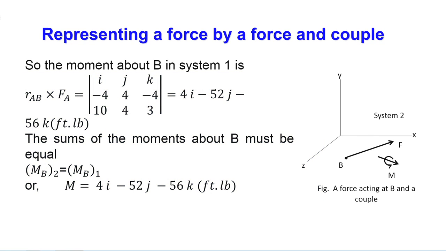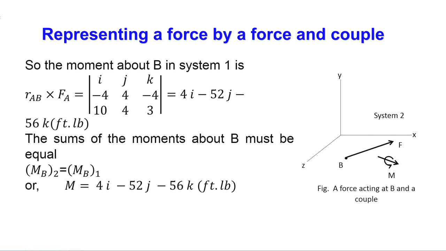So the particular system of force can be represented by a force and a moment, where the force is applied at a different point. If the coordinate is given, then we can find what the moment will be.